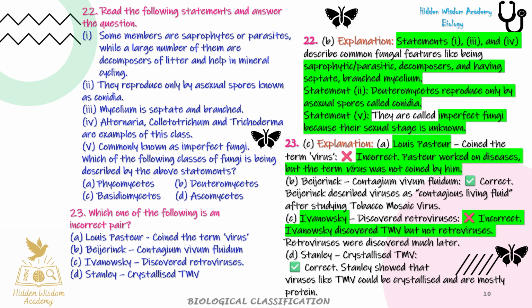Discovered retroviruses. It is incorrect. Ivanovsky discovered TMV but not retroviruses. Retroviruses were discovered much later. Option D. Stanley. Crystallized TMV. It is correct. Stanley showed that viruses like TMV could be crystallized and are mostly protein. So, option C is the correct answer.